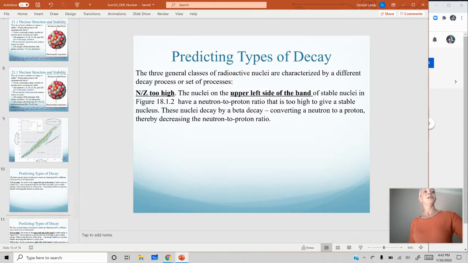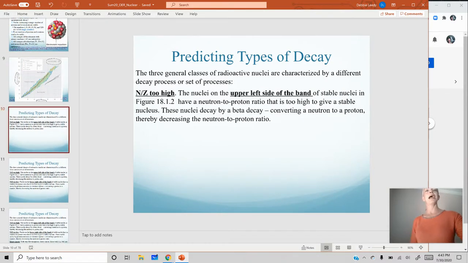To predict the types of decay, again, you won't be asked to do this, but just to understand how we do this, there are 3 general classes. If our N to Z ratio is too high, in other words, if we have too many neutrons, if this isotope is on the upper left side of the band, then these nuclei tend to decay by beta decay.